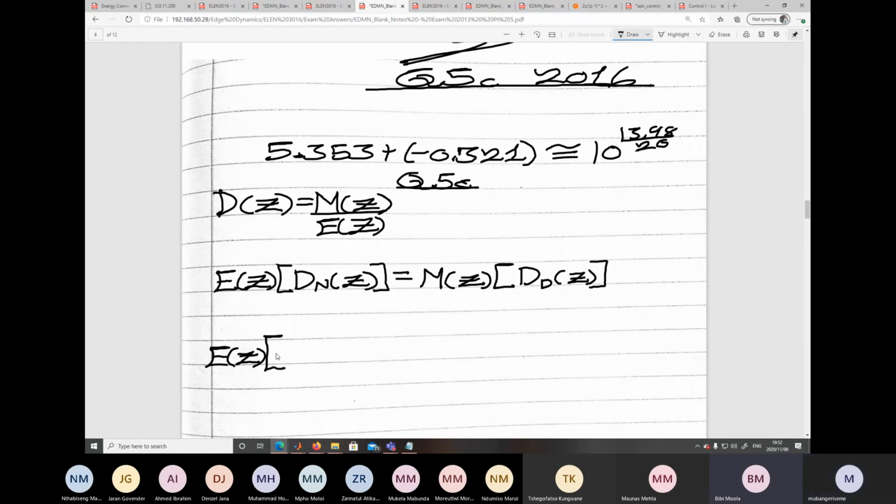Cool, fine. 1 minus 1.368 z to the minus 1, plus 0.368 z to the minus 2. Correct.